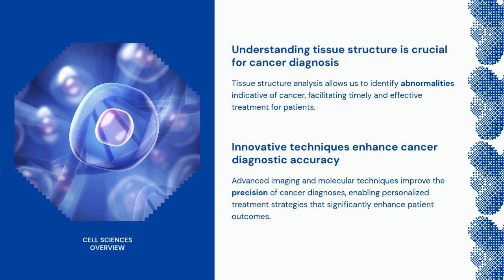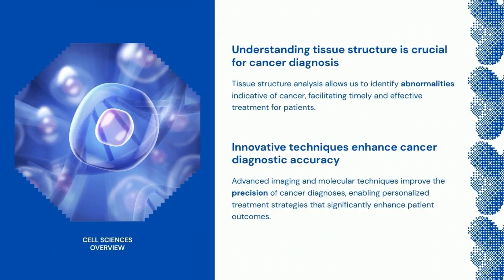The techniques that are used for diagnosis will involve advanced imaging and molecular techniques that will improve precise cancer diagnosis, and it will enable personalized treatment that will significantly enhance the patient outcome.